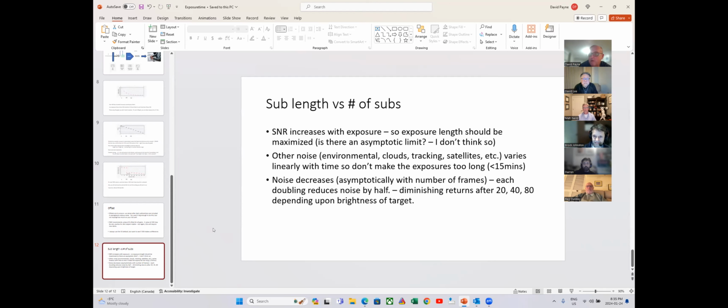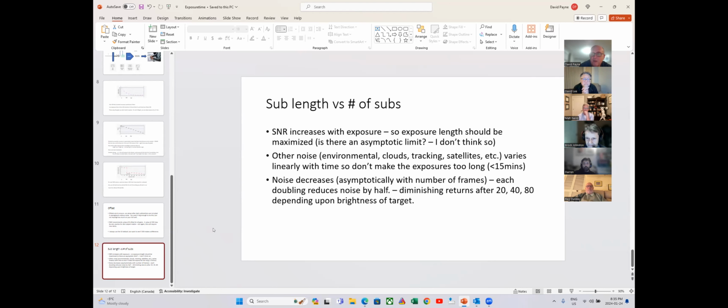And there's probably an asymptotic limit to the amount that you can do this. You don't continue to improve every time you double your exposure time. You run into the law of diminishing returns.